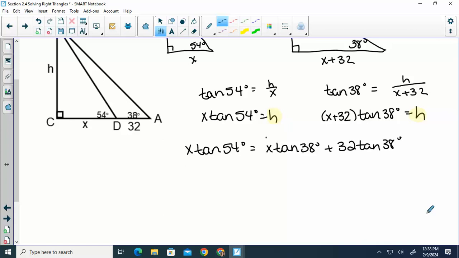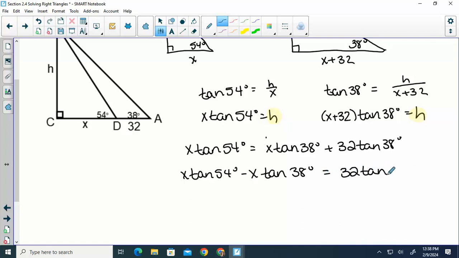Unfortunately, in order to be like terms, they have to have the same angle, and these do not. So when I bring it over, just x tangent of 54 degrees minus x tangent of 38 degrees. I can't add them together.